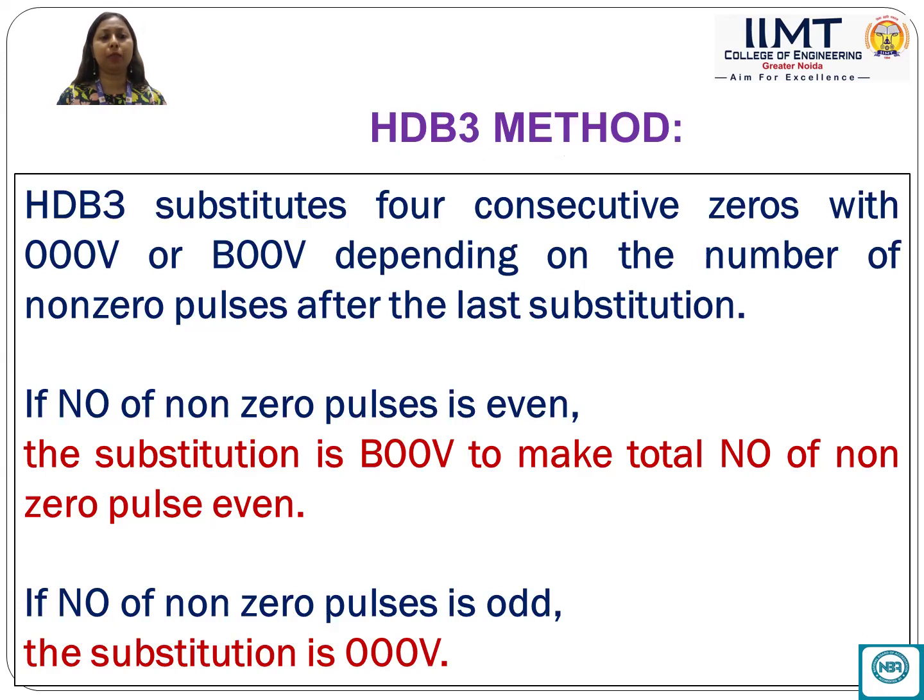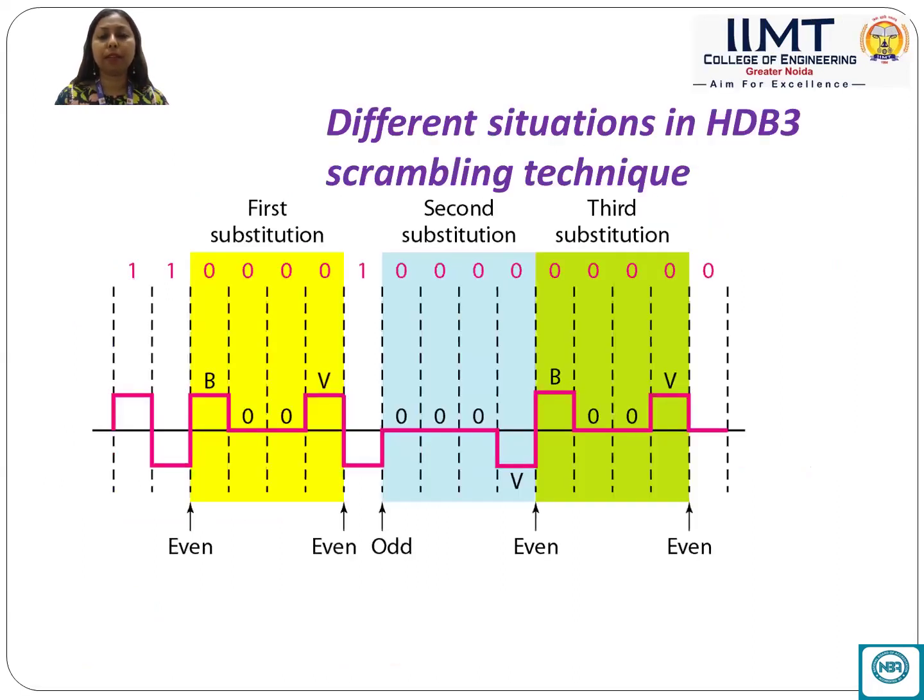For that, we see here, if the number of non-zero pulses is even, then the substitution will be B00V. If the number of non-zero pulses is odd, then the substitution will be 00V. From this waveform, we can clearly see the even number and odd number.